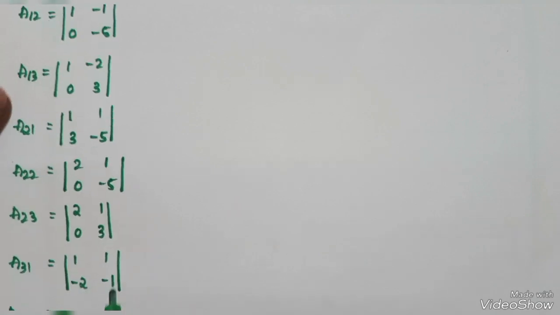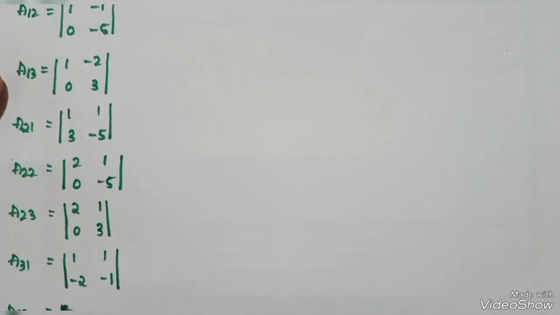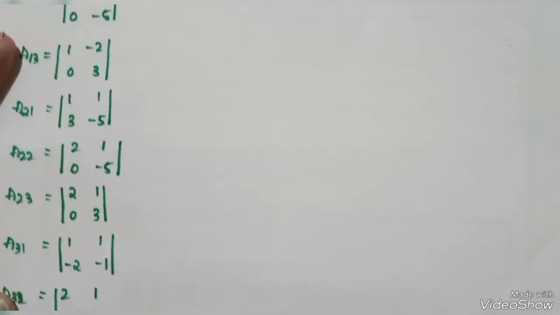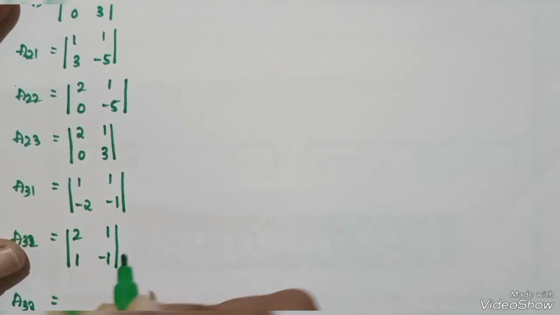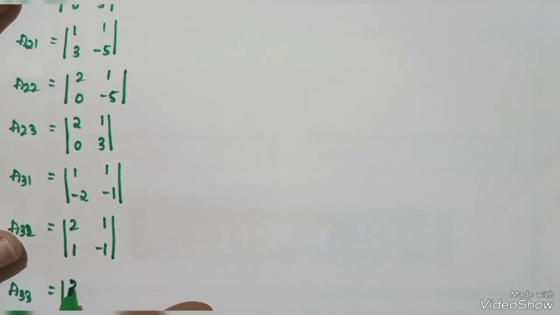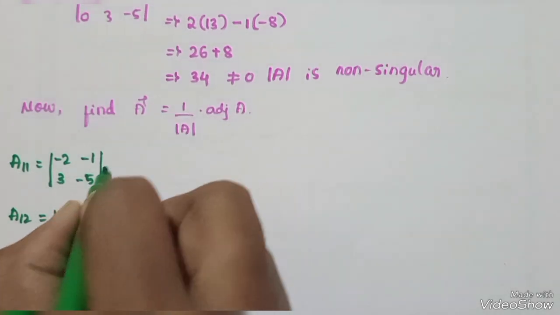Next 2 1, and the last one is 2 1, 1 minus 2. Now we have to find all the determinants.